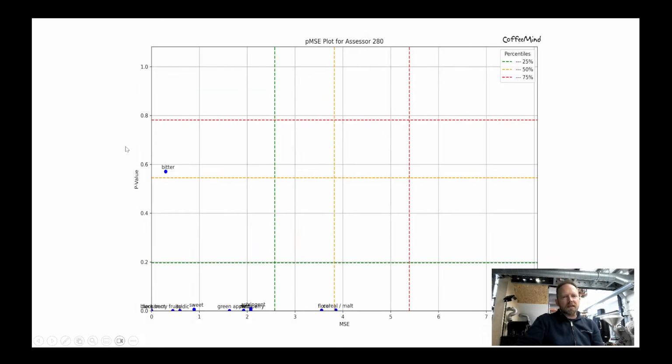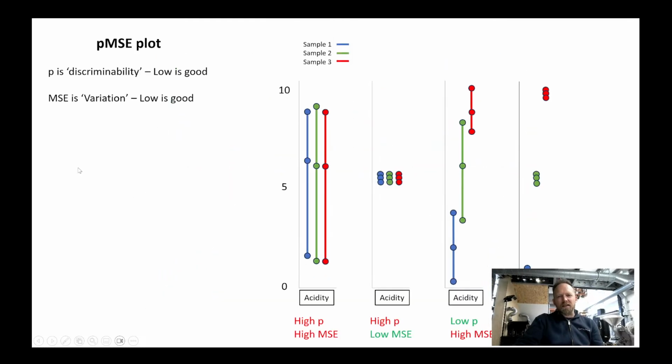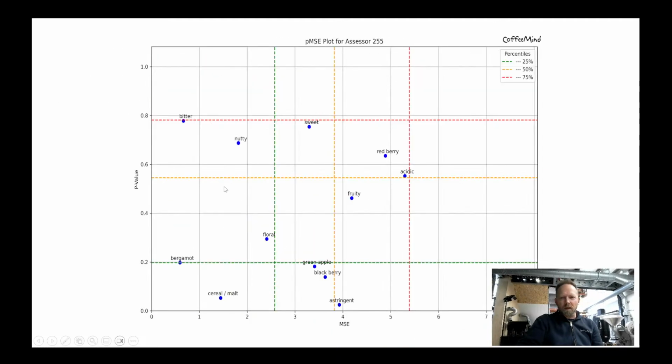But the best thing is that this can be shown in a PMSE plot like this. This plot is a way of explaining the data that I just showed you. For example, this person, for sweetness, that's a basic taste. Sweetness you really need to be good at. The basic taste needs to be good, right? You need to have a low variation, that's the x-axis, and the y-axis is the p-value.